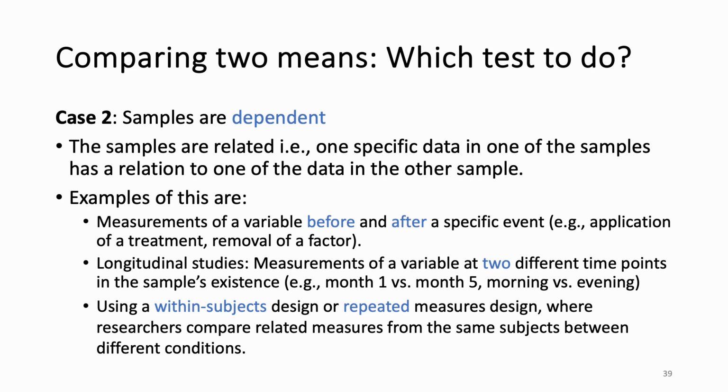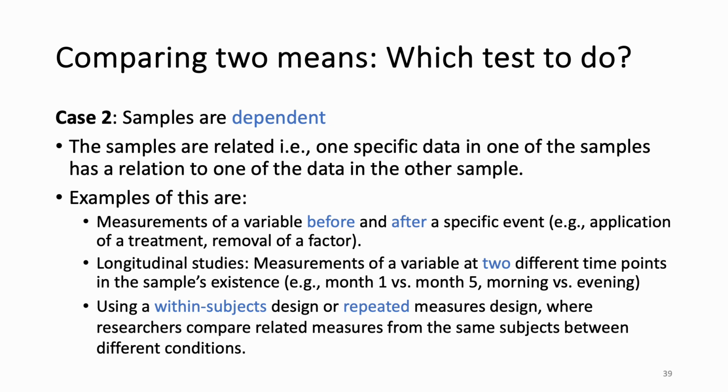The third example is when you use a within-subject design or repeated measures design. This is a design where you conduct empirical studies, for example, experiments, where you plan to involve the same participants or the same subjects in two different conditions of the experiment. So imagine that you would like to understand if using models improves software quality, so you involve some developers, but you use them in the two conditions.